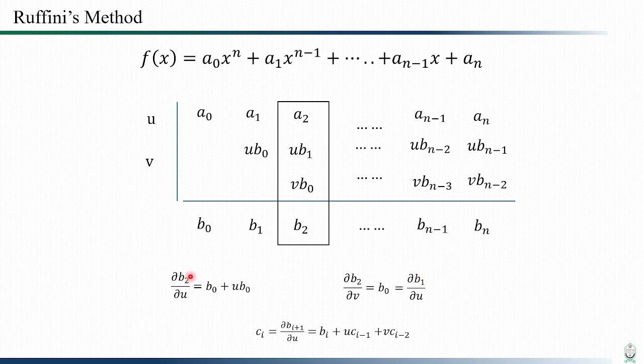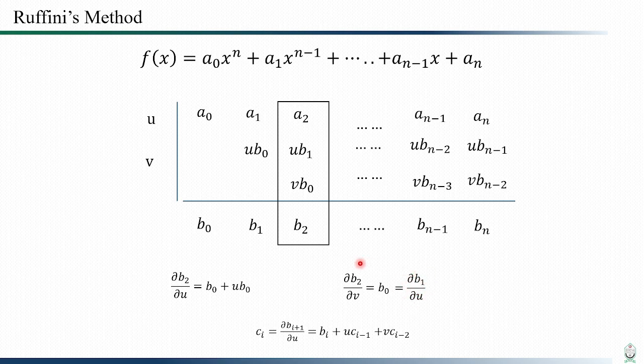What about b2? What are the changes with respect to u? With respect to u, we have here this change. And with respect to v, we have only b naught, which is equal to this thing.